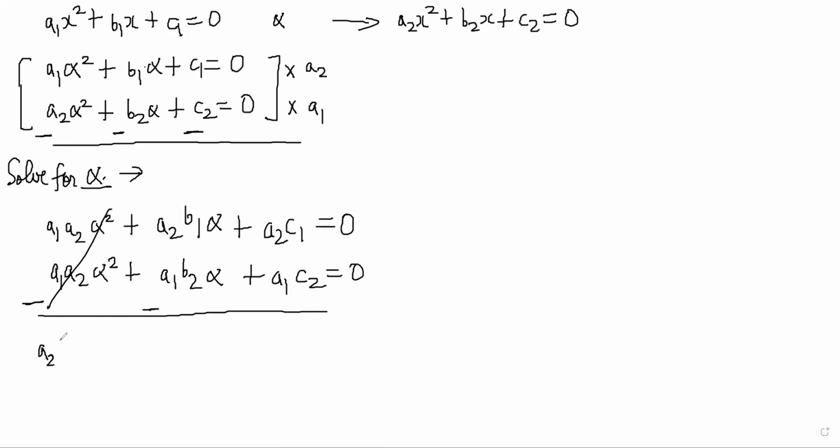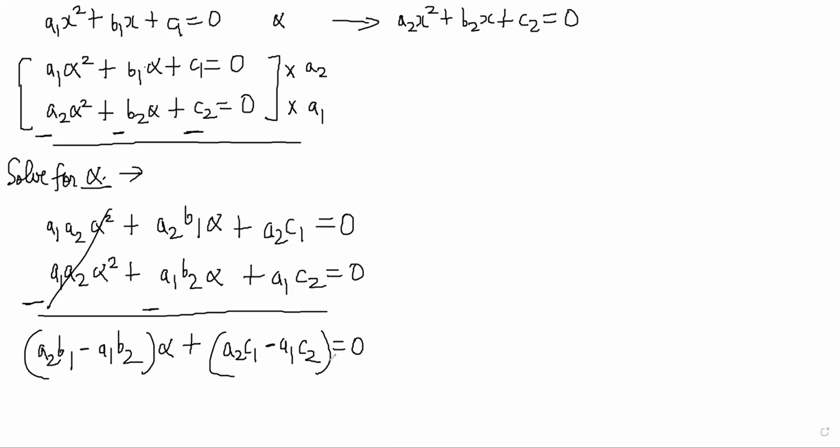You will get A2B1 minus A1B2 times alpha plus A2C1 minus A1C2, right? So we are able to solve for alpha, and alpha is coming out to be A1C2 minus A2C1 by A2B1 minus A1B2, right?